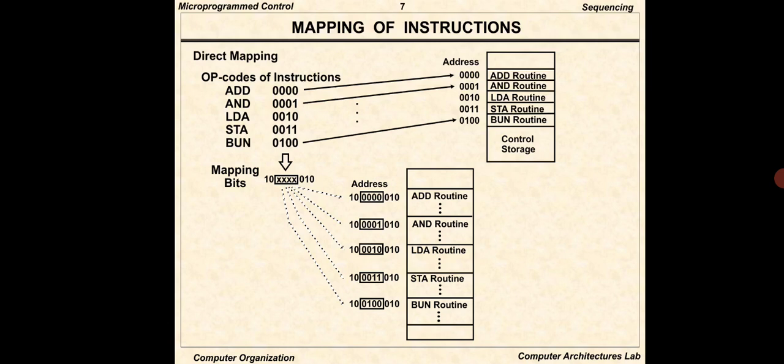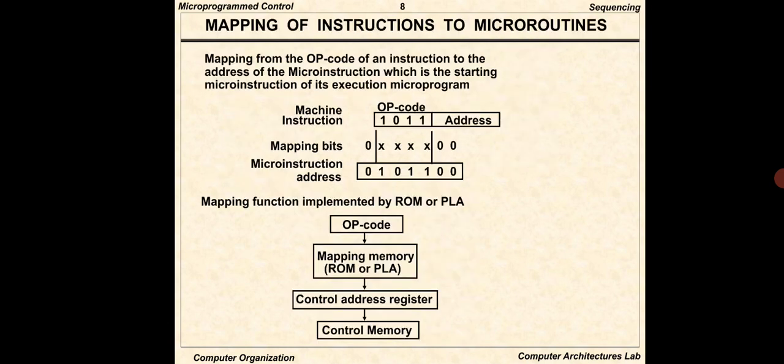In that control storage memory, based upon the opcode value, that particular subroutine program will be executed. It can be an add subroutine, load subroutine, or branch subroutine. That subroutine has certain instructions which will be executed one by one, and it produces the result. That is how we do the mapping of instructions.